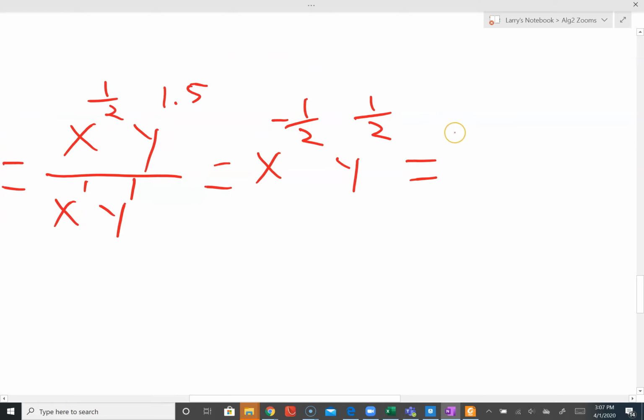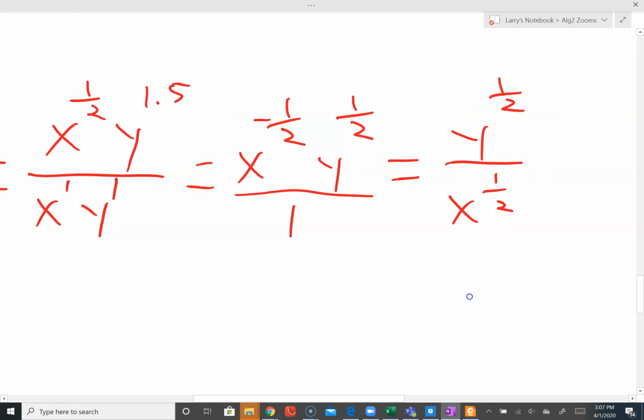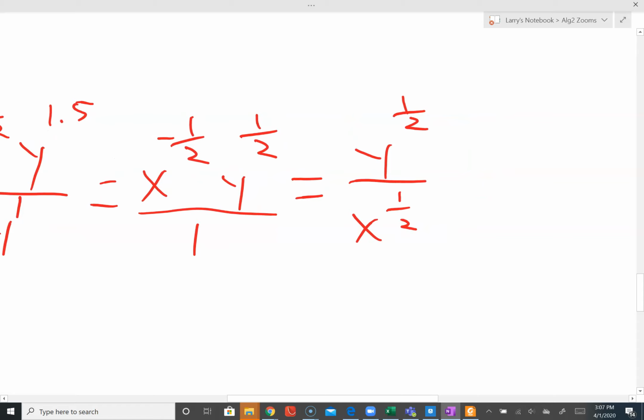You can just think of moving it from one side of the fraction to the other. X to the negative 1/2 in the numerator is x to the positive 1/2 in the denominator. So we have y to the 1/2 over x to the 1/2. And lastly, the 1/2 power is the square root. So I could simply write this as the square root of y over x.